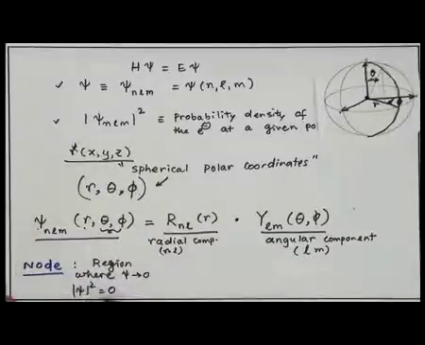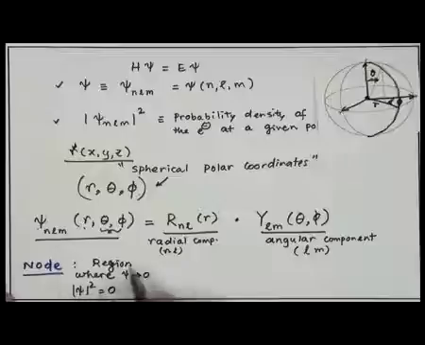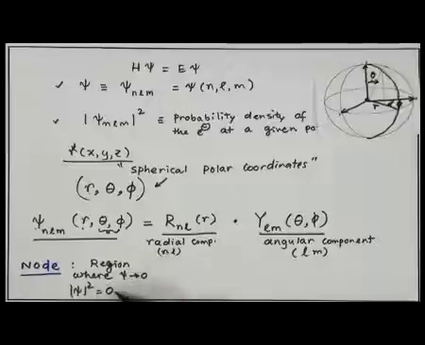If probability vanishes, what does that mean? That means that in that region you do not expect the electron to be present.